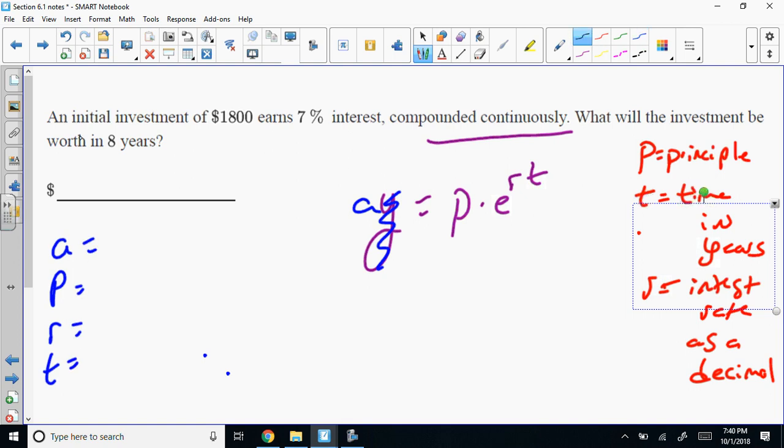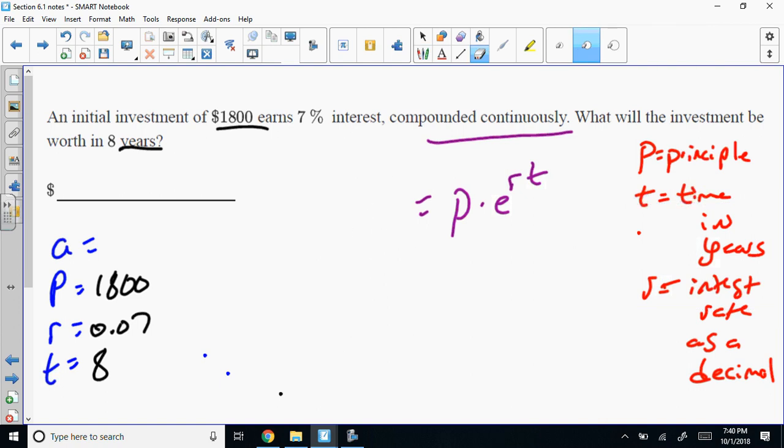So if an initial investment of $1,800 at 7% interest is compounded continuous, what would the investment be in 8 years? There you go. Oh, if I could spell interest right.